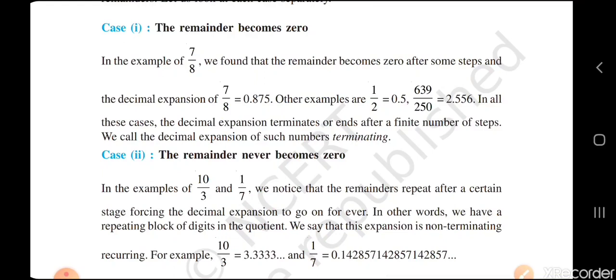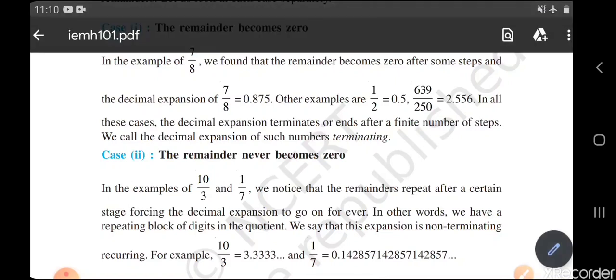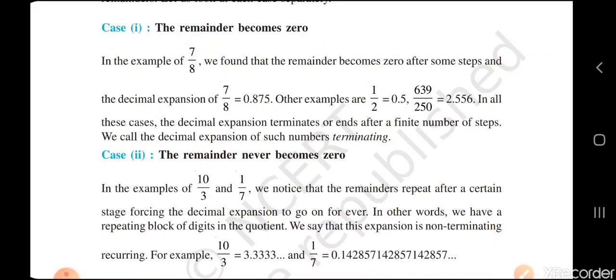If the decimal expansion terminates or ends after a finite number of steps, then we call the decimal expansion of such numbers terminating. That is, terminate means there is a stop. The remainders become 0 and the expansion stops or ends.